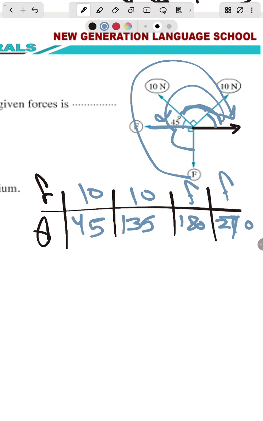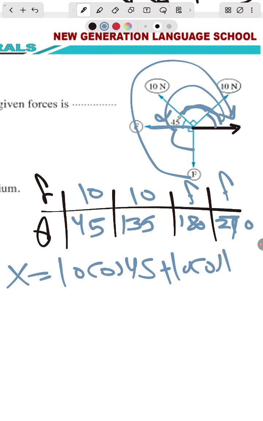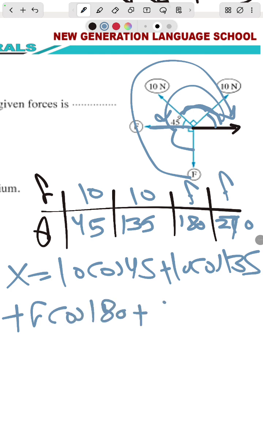So x equal the force cosine the angle. So x equal 10 cosine 45 plus 10 cosine 135 plus F cosine 180 plus F cosine 270.